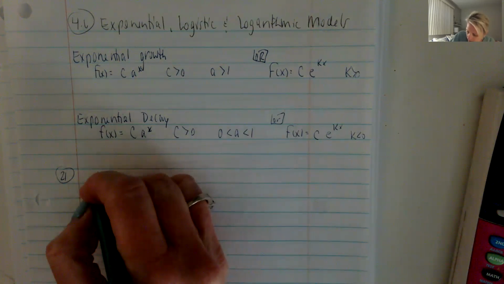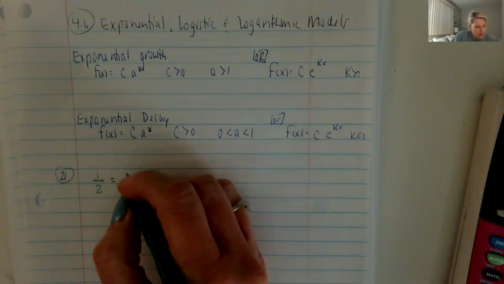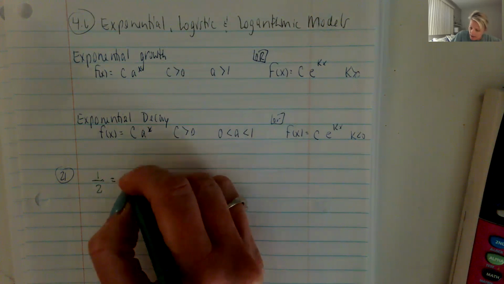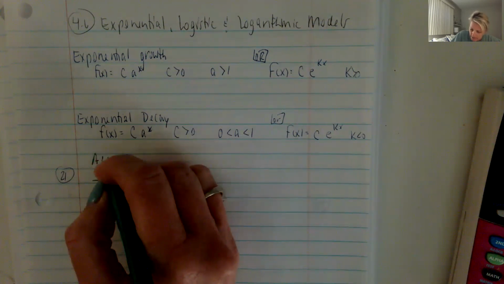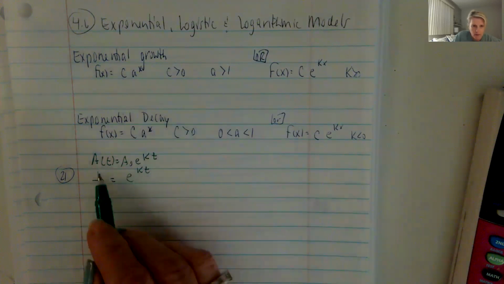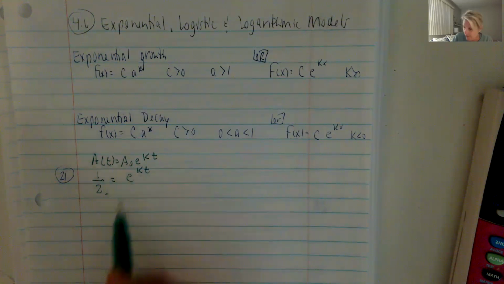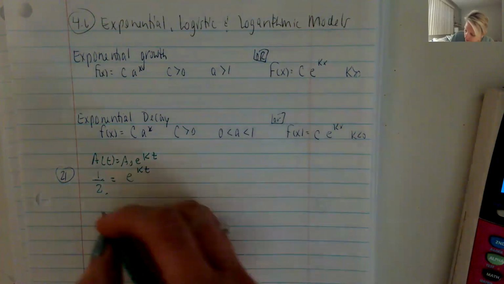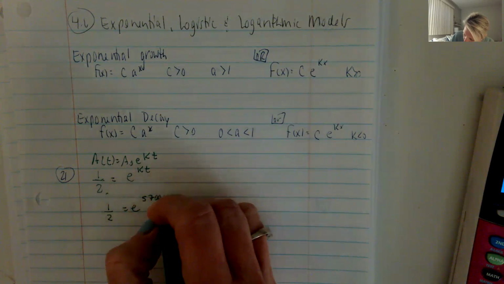So we can say 1/2 is equal to e to the kt, because we know that this ratio is 1/2, and ours is 5,700 years. So 1/2 equals e to the 5,700k. We're trying to find k.